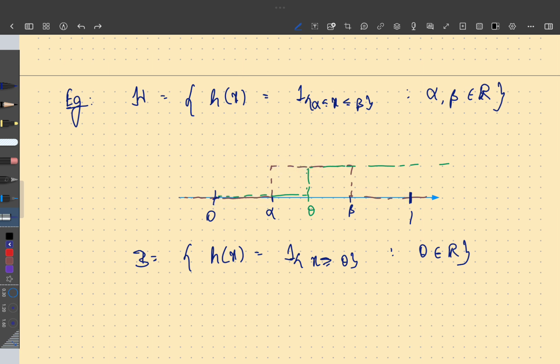If you choose theta to be equal to 1, then you are getting everything right in this region and this region, but everything wrong in this particular region.